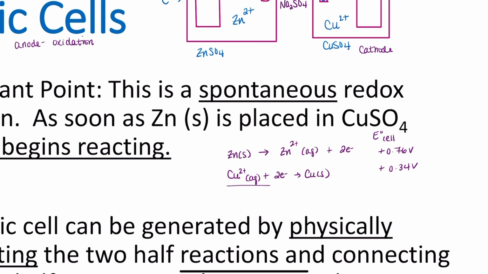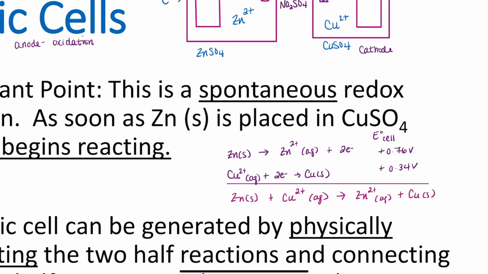When I add up the overall of these reactions, I'm left with zinc solid plus copper 2 plus, giving me zinc 2 plus and copper solid. And the overall cell potential here, I just add those two numbers together, is 1.10 volts.